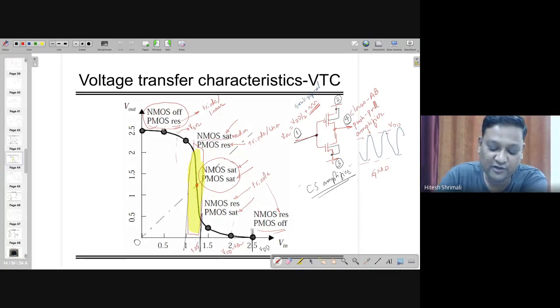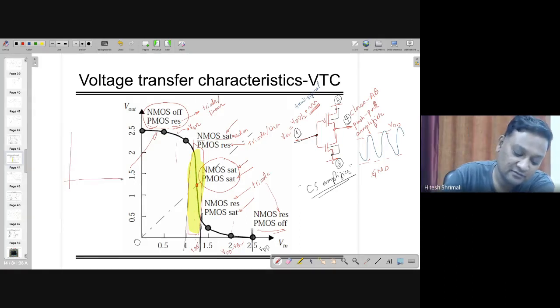Okay. So if you are on the top side, you can see it's in the triode or linear region. Like the NMOS characteristic is here, and this is the path which is VGS minus VTH, as I told you at the beginning itself, we are not going to keep our transistor here where it's in saturation.